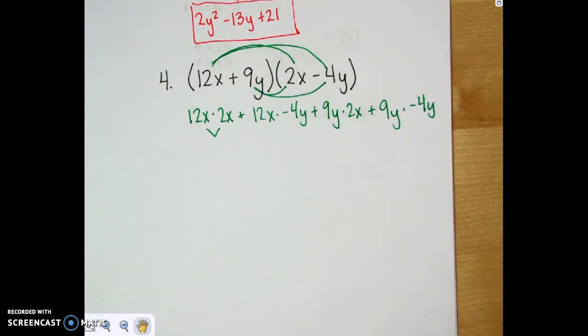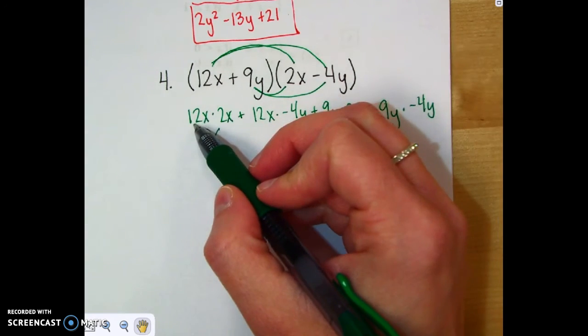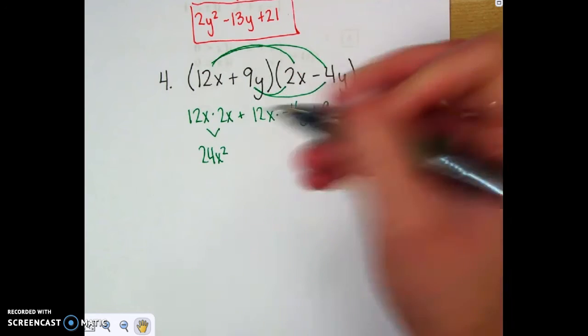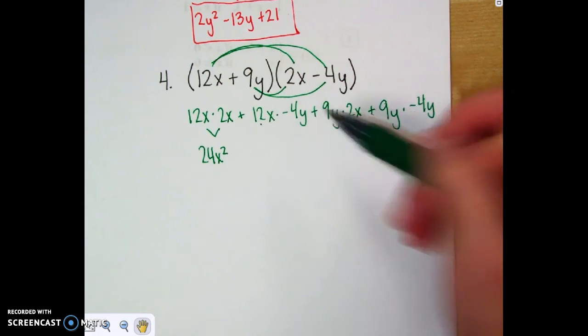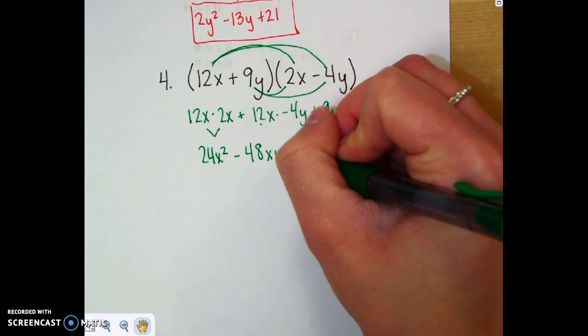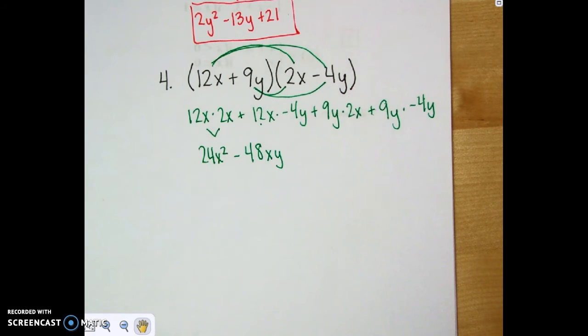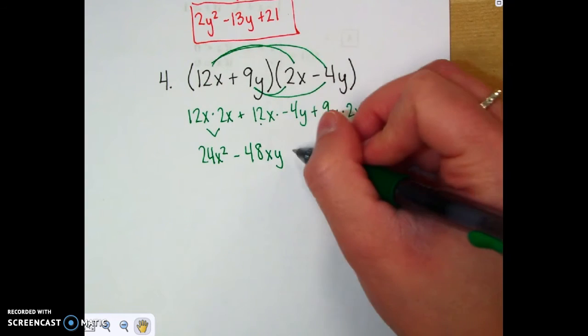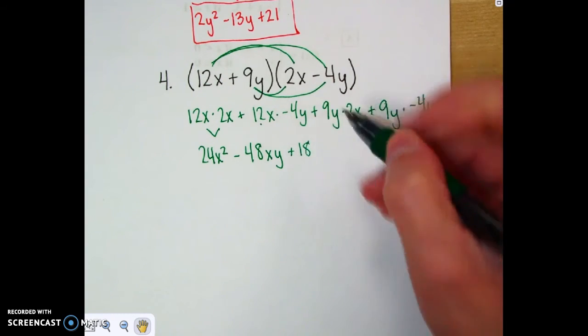12x times, well, I didn't change colors, I'm sorry. 12x times 2x, that's 24x squared. 12x times negative 4y, that's going to be a negative 48xy. These two right here, 9 times 2 is 18.